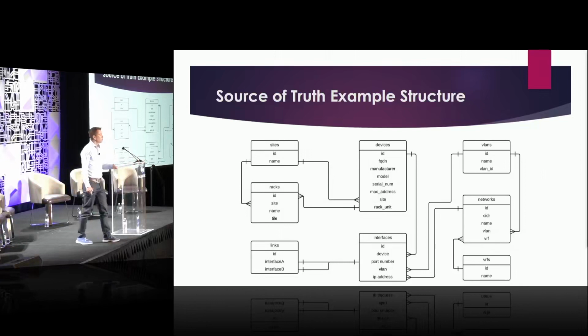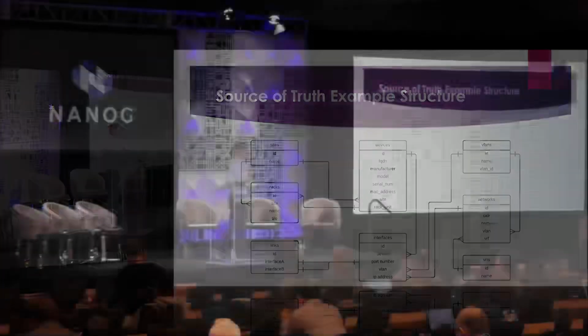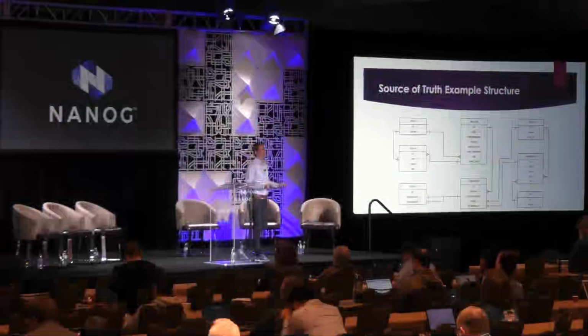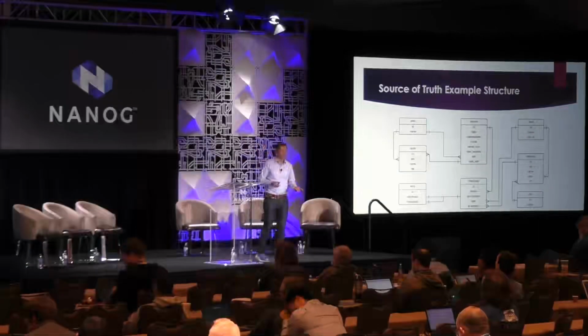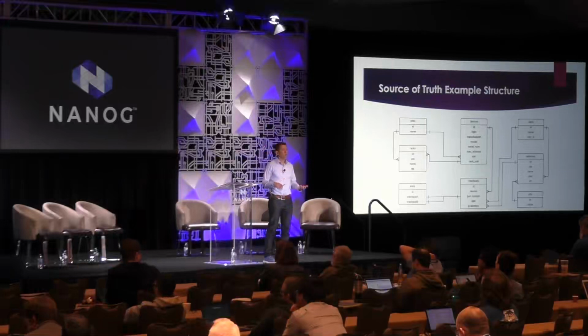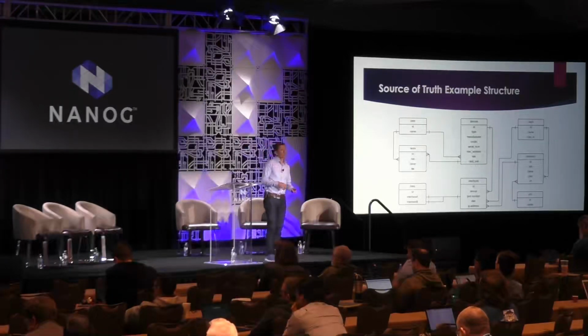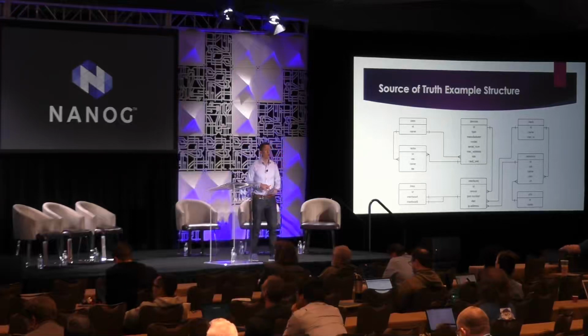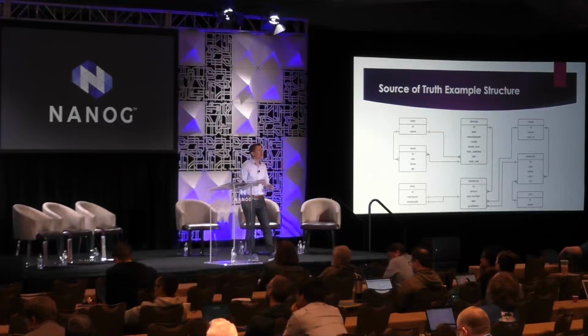One thing you'll notice is that we split off interfaces into its own table. And the reason for that is that if you're using different vendors for your equipment in the data center, typically the interfaces are often named or numbered in different formats. And this can be true even within the same vendor, right? Like a particular model might have one numbering format versus another numbering format.